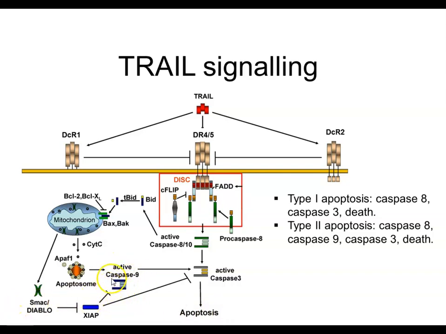And normally caspase 9 can be inactivated by XIAP, X-linked inhibitor of apoptosis, and upon release of SMAC diablo from the mitochondrial membrane along with cytochrome C, XIAP can be inhibited to make sure that caspase 9, when it becomes activated, is fully active. So this additional loop here seems necessary for TRAIL signaling to get through to active caspase 3. This arrow from active caspase 8 to active caspase 3 seems a very weak arrow in normal and tumour cells, and this convoluted pathway is required.